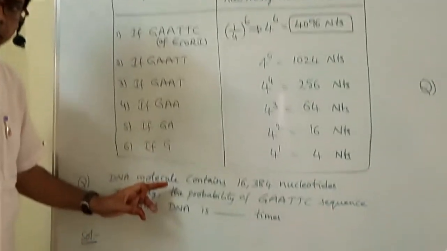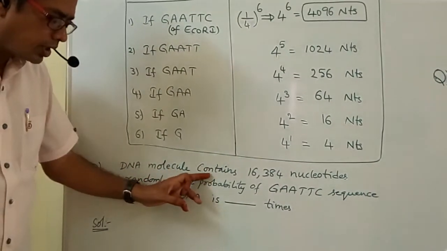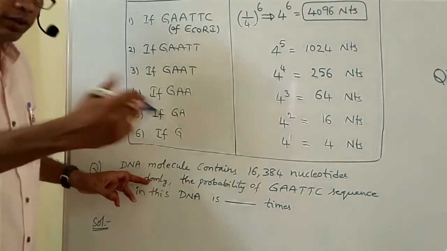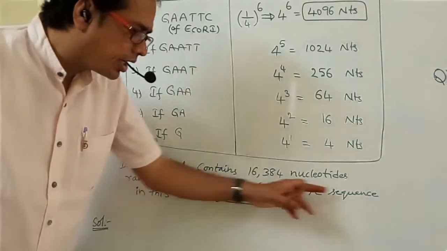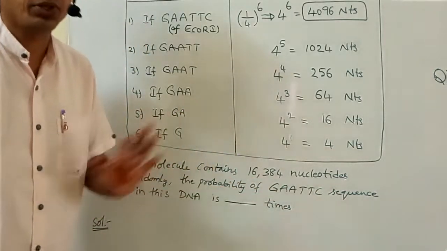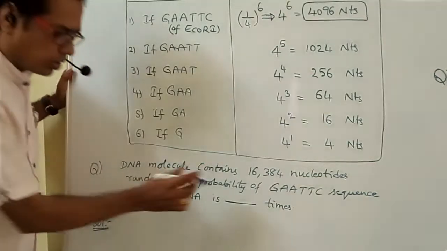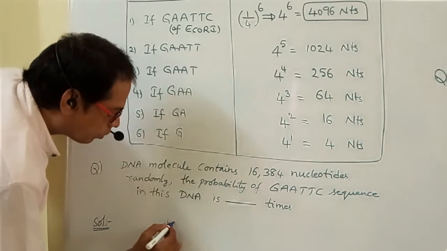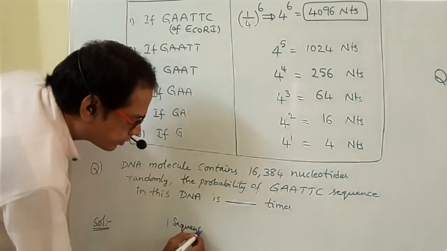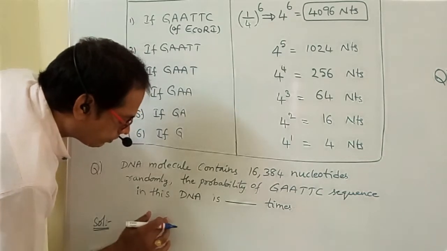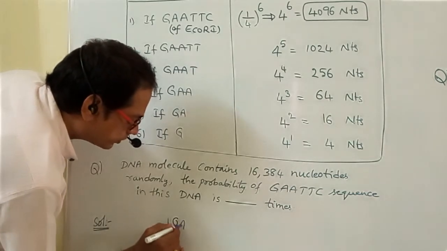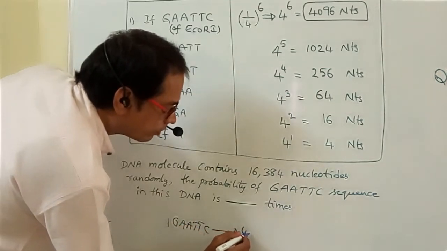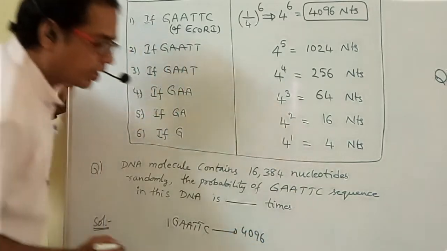Another type of question. A DNA molecule contains 16,384 nucleotides. Randomly, the probability of the GATTC sequence in this DNA is how many times? For one GATTC, it will be found in 4096 nucleotides, isn't it?